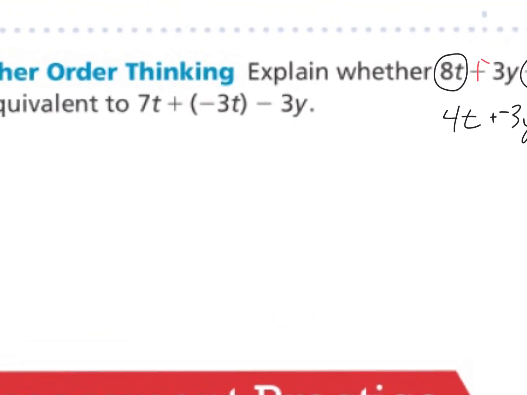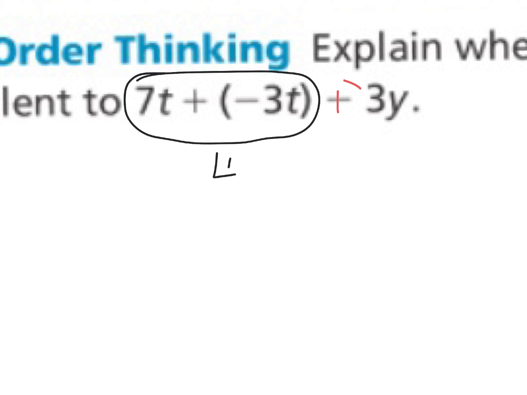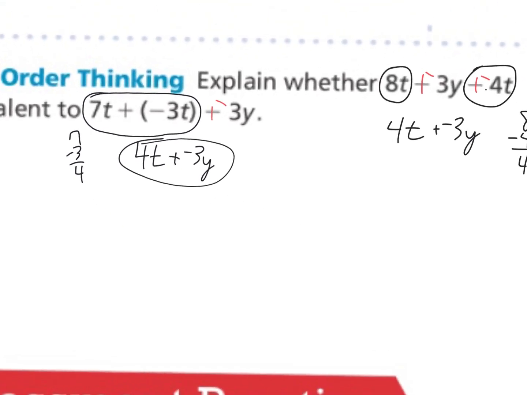And then if you look at the other expression, same idea, you can add the opposite here. Combine these together. They're different signs, take the difference. You have more positives, so that would be 4t plus -3y. And look again what we had on the other one.